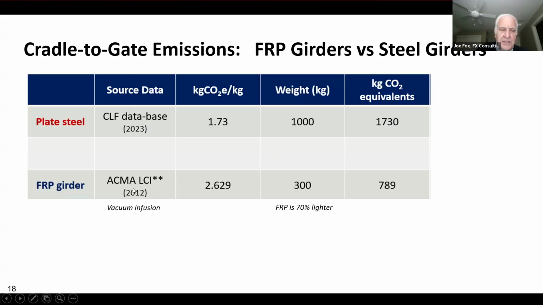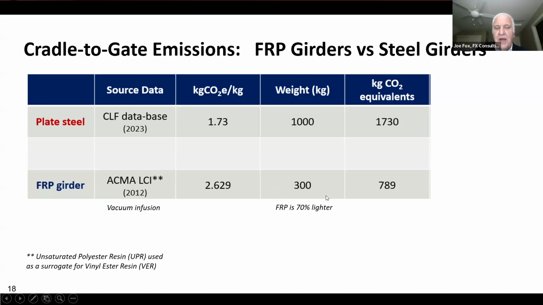I go into the ACMA LCI database in 2012 for vacuum infusion, and I have to make one assumption here. I actually have to use unsaturated polyester resin as a surrogate for vinyl ester resin because this database does not include information for vinyl ester resins. But as a chemist, I am very comfortable with that assumption.